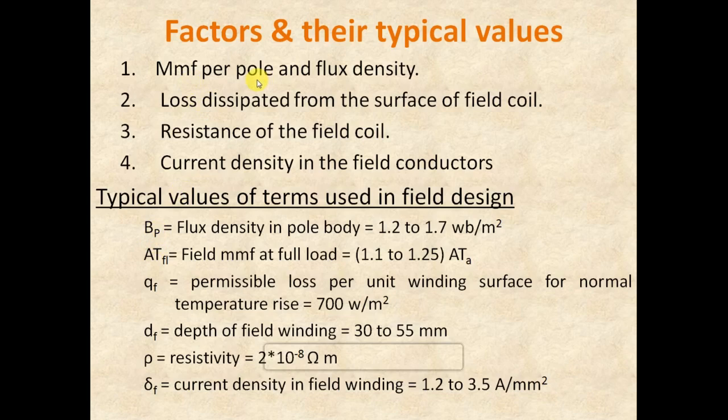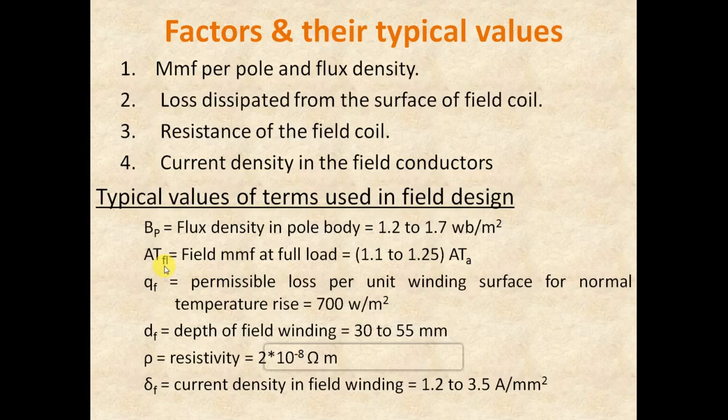Next is mmf per pole. The mmf per pole is usually represented as ampere turns of the field winding at full load. So we will indicate it by using the symbol ATFL, where AT is indicating the usual notation for mmf, and since it is that of the field winding, we are putting the suffix FL here.